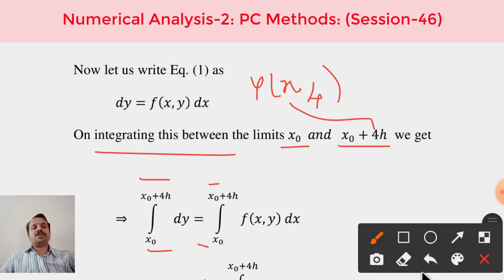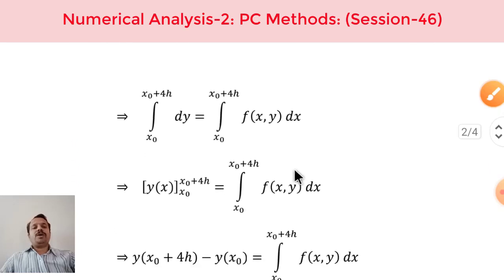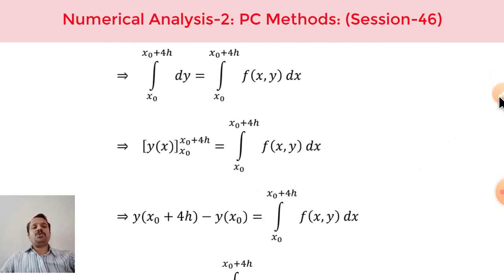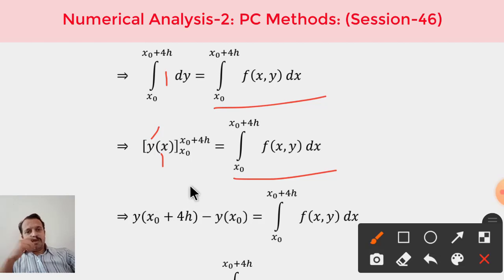So integration with respect to y here and with respect to x here. Now keep the right hand side as it is. Don't do anything to this portion right now. Only thing, we have to integrate one with respect to y. The answer is y. In fact, y is a function of x, so let us write y of x. Here the lower limit is x0 and upper limit is x0 plus 4h.